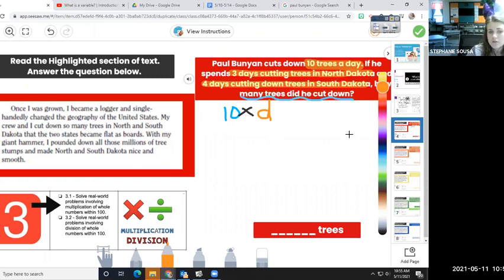Let's do North Dakota first. Okay, look what it says about North Dakota. North Dakota was 3 days. So let's write that equation. 10 times 3 days in North Dakota is equal to what? Count by tens 3 times.